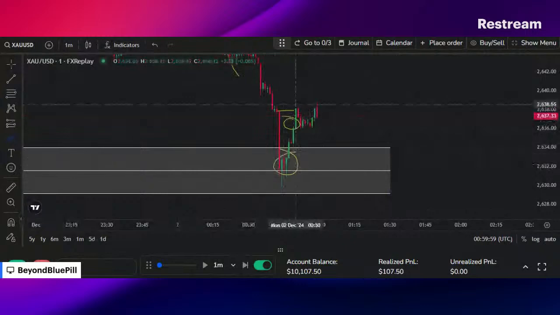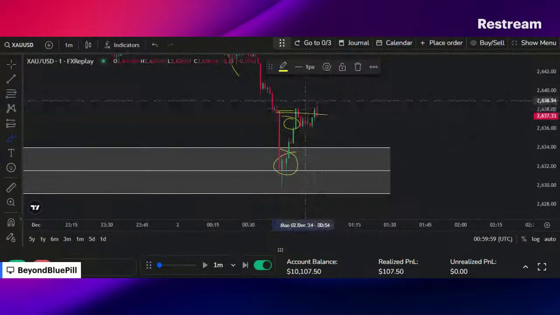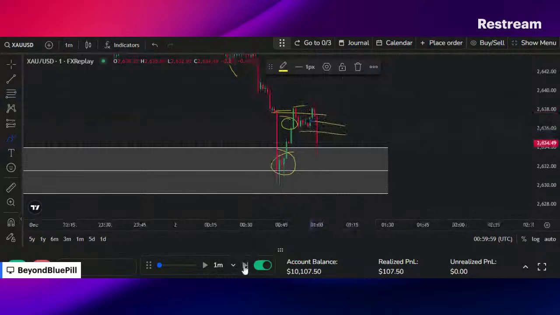Now we validated this. As of right now, we don't have anything to trade lower. Many of you might see this as a failure and expect price to trade below it, but I want to see it close below. Let's see. Oh, nice.